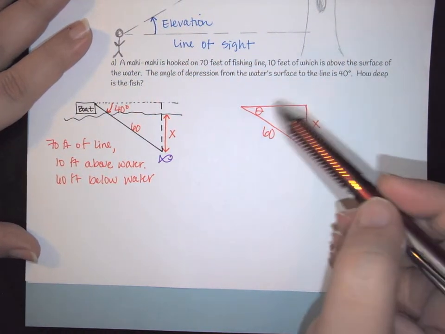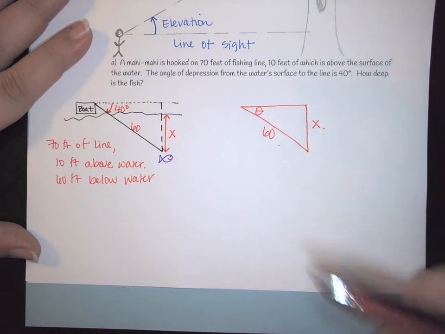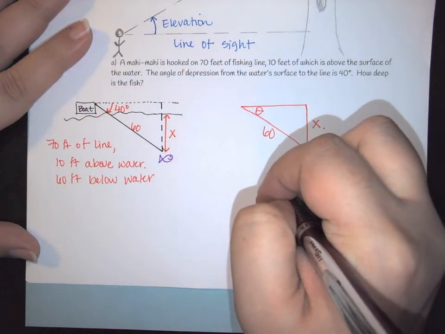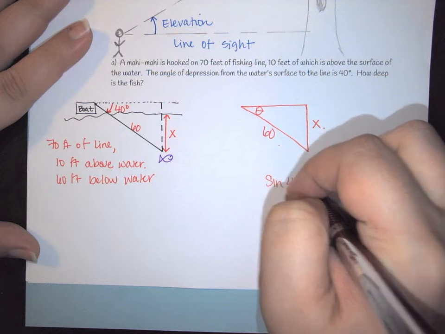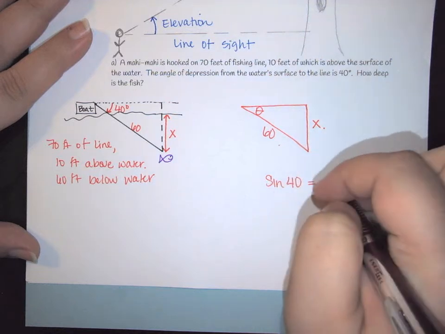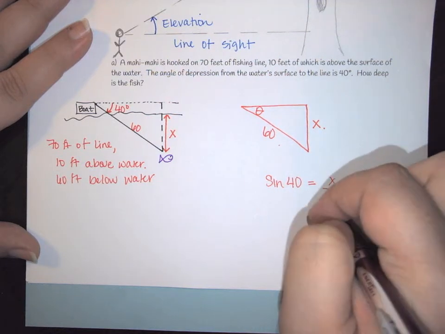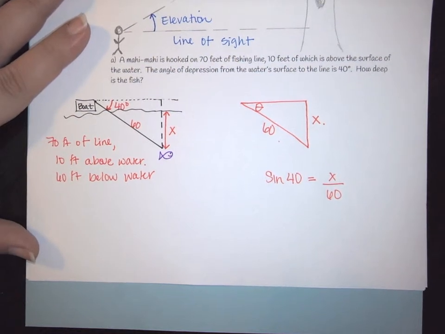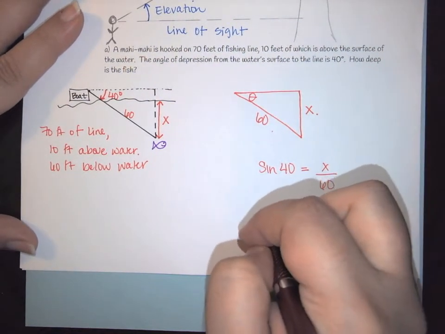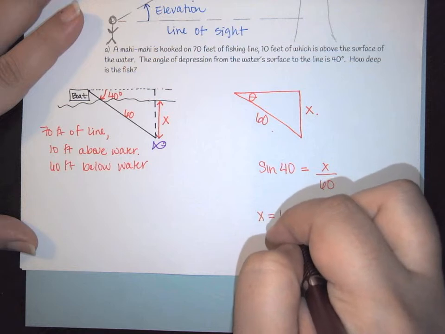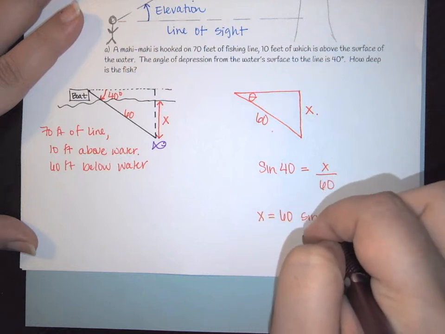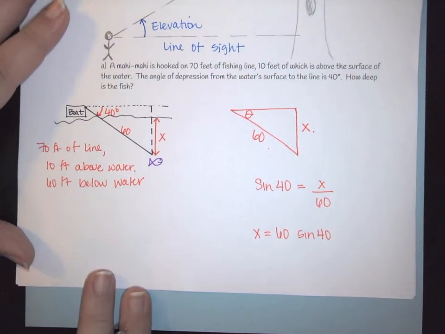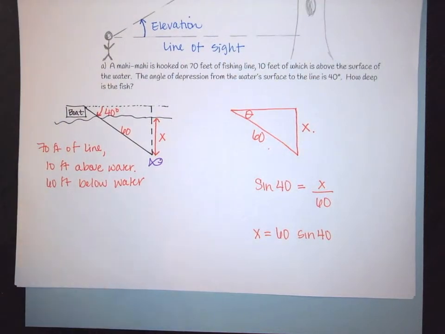So if we look at it, we have opposite over hypotenuse. So in this problem, we are going to use that the sine of 40 is going to be x over 60. To solve for x, I multiply both sides, so we get that x is going to be 60 times the sine of 40. And then you just simply use your calculator.